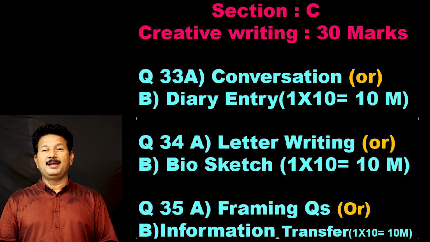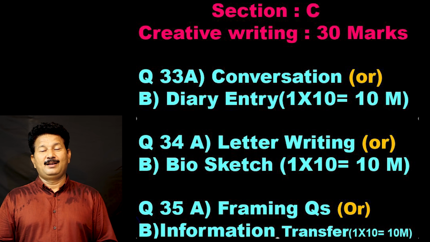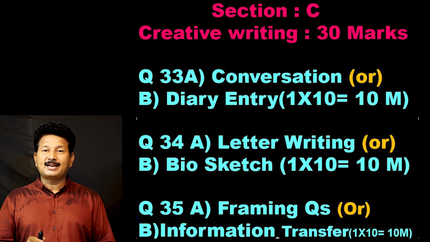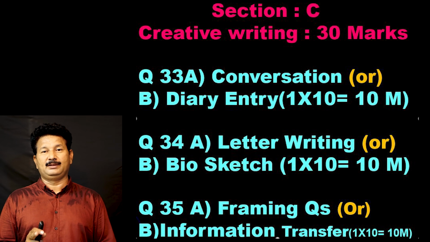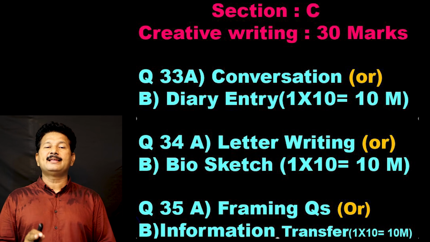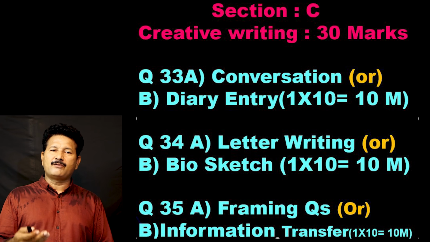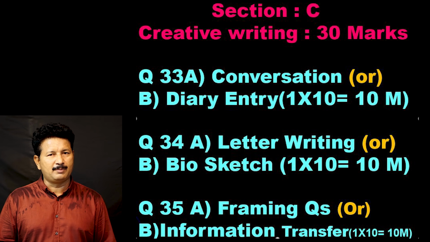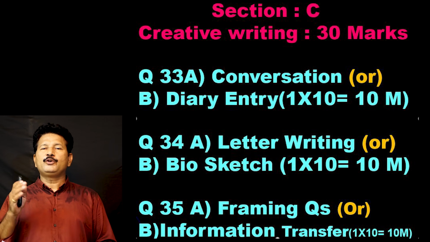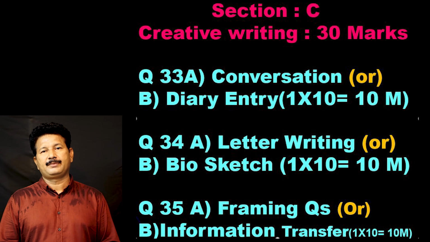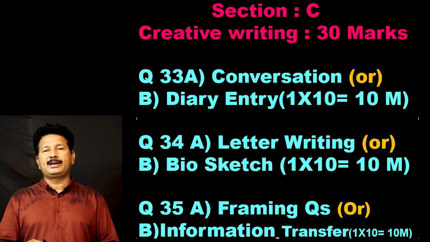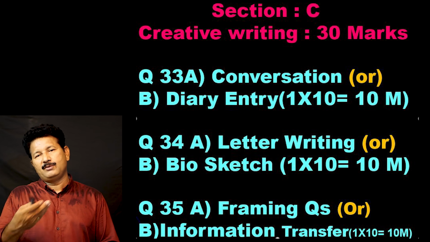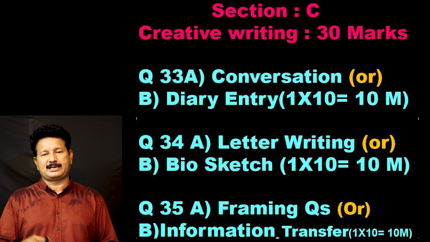But remember, while writing, write only one answer. Either you choose conversation or diary entry, whatever you are comfortable with. So you follow the format, that's enough. And we will see how we can do it. Creative expressions, we'll learn in one more video in the next class.